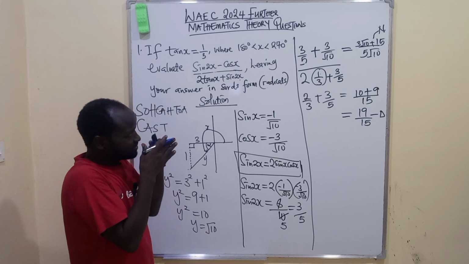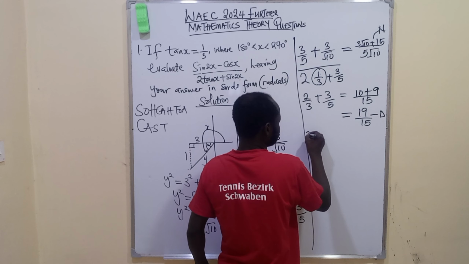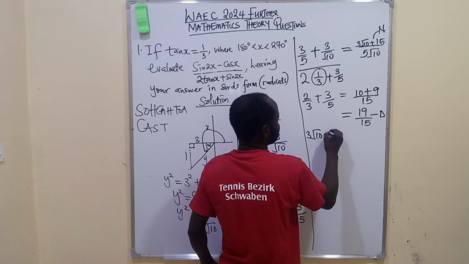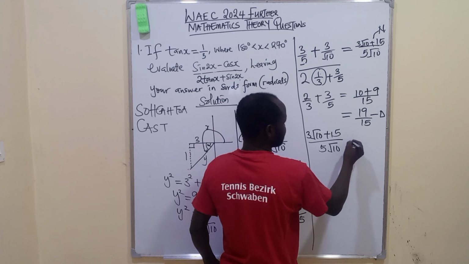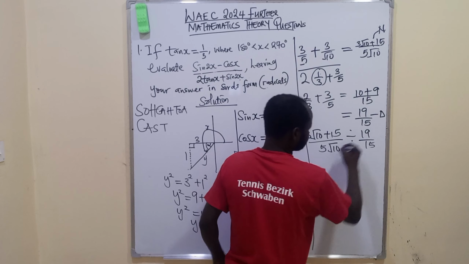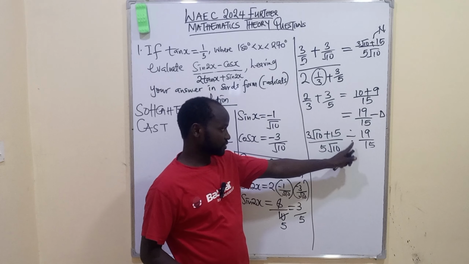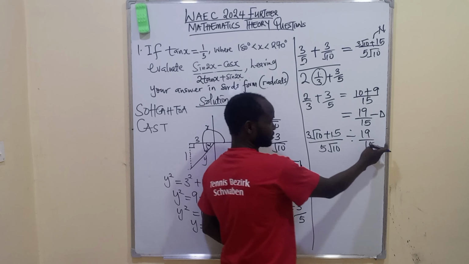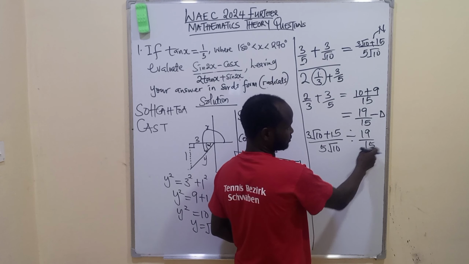So I can link the two. This numerator will be 3 root 10 plus 15 divided by 5 root 10, divided by 19 divided by 15. I can change this division sign to multiplication. This denominator will become the numerator, and this 19 will become the denominator.